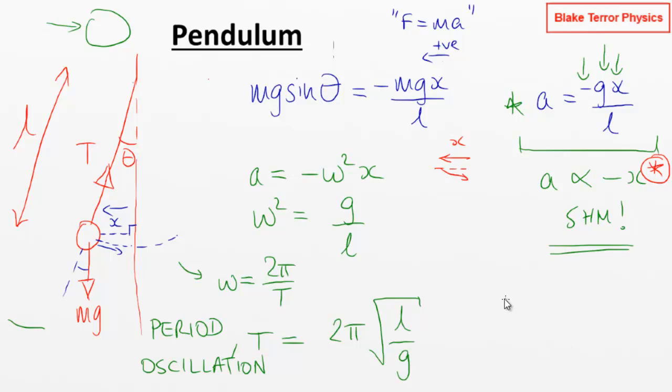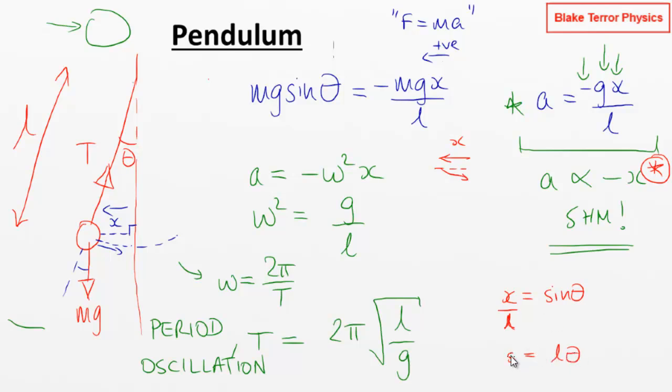We've got x as being, well, sine theta is x over L. And using our knowledge of circles, s is going to be L times theta.